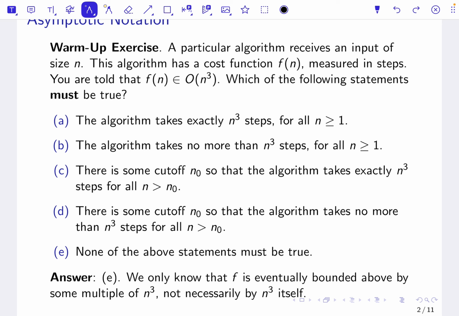Options A through D are all decently good guesses of what it means for a function to be in big O of n cubed, because it basically means that it's similar to n cubed. But the actual definition is none of these. It's going to be more complicated than all of these.